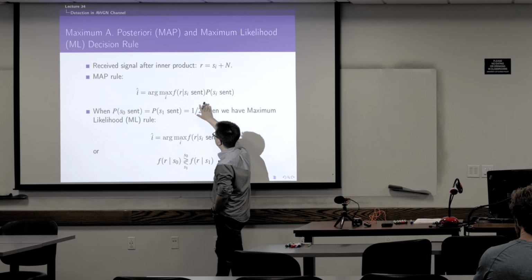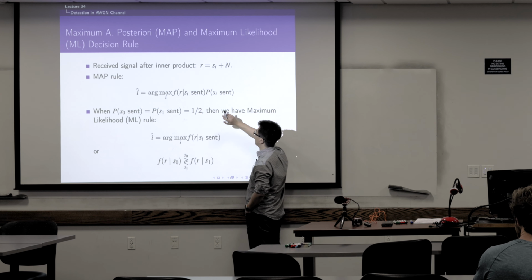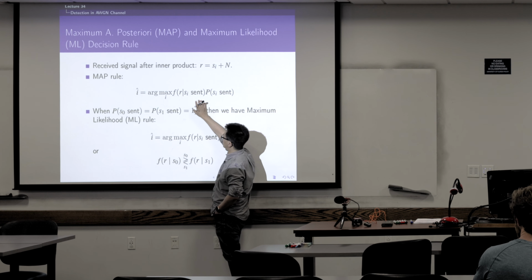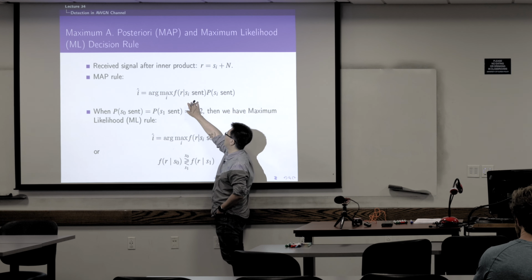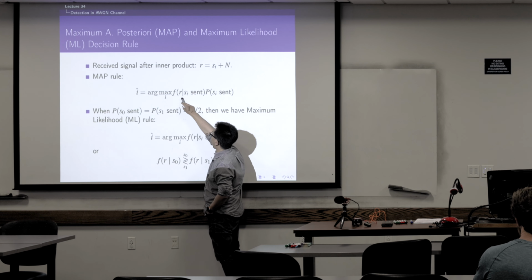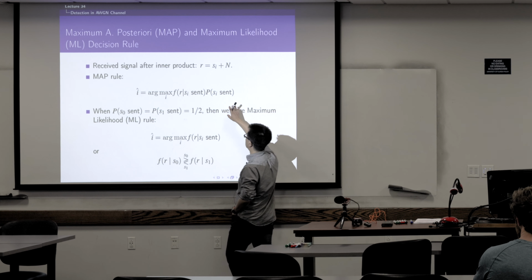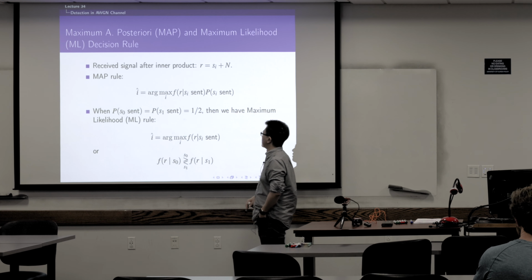This is the MAP rule. You would need to know the PDF of R given Si sent, and we also need to know the prior probability of Si sent.